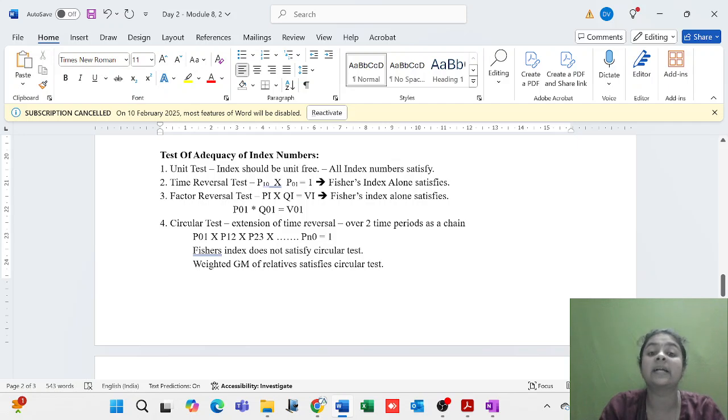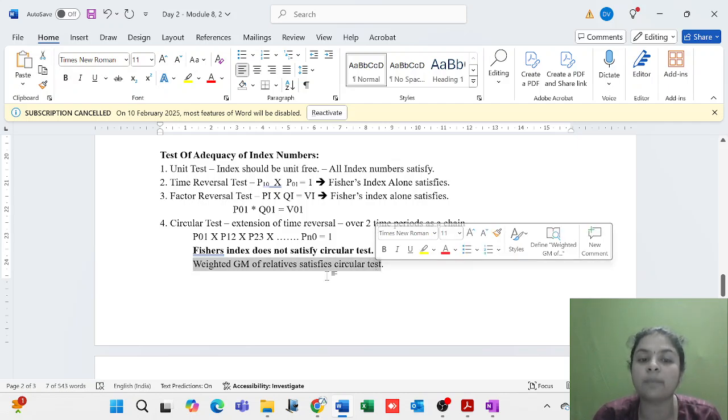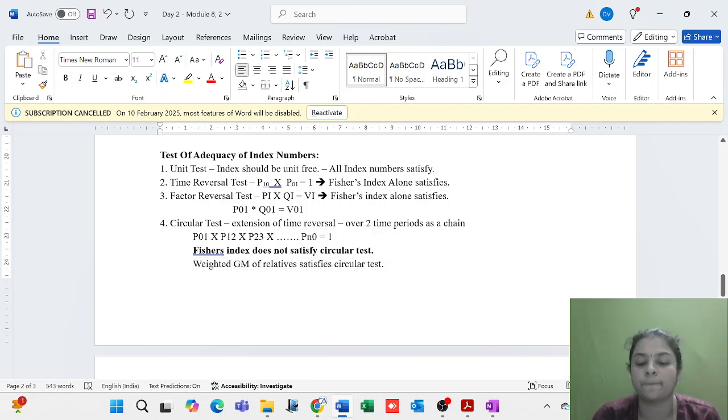Fisher's index does not satisfy the circular test. Fisher's index will satisfy only time reversal and factor reversal, not circular test. The only index which satisfies the circular test is the weighted geometric mean of relatives.